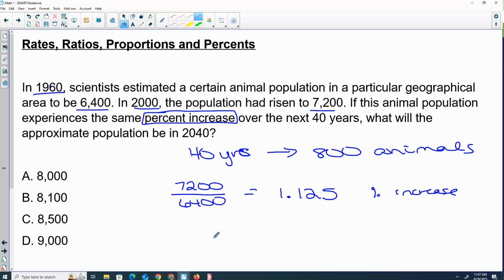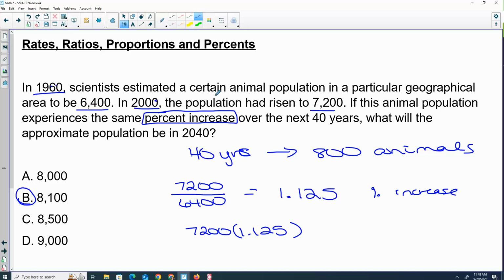Okay, so now we are currently at 7,200. So to find out how many we'll have in another 40 years, you can take that times your percent growth. So 7,200 times 1.125, and we get 8,001. Now, the only reason this worked is because there was a 40-year gap from 1960 to 2000 and a 40-year gap from 2000 to 2040.